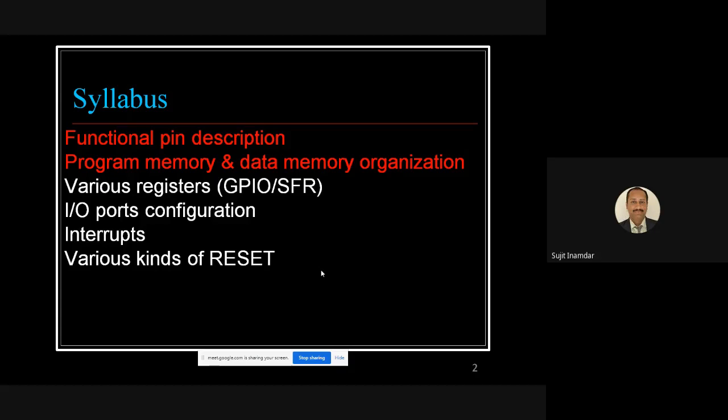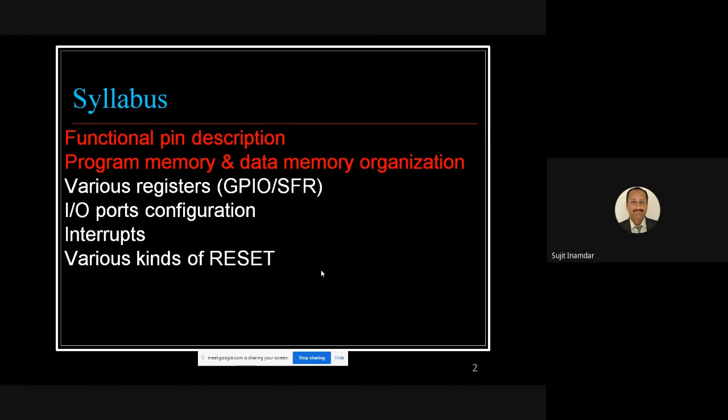Then IO port configuration. As we know, how many ports are there for PIC? The answer is 5. Which are they, and what is their capacity? We have seen all that, and again we are going to learn how to configure them.